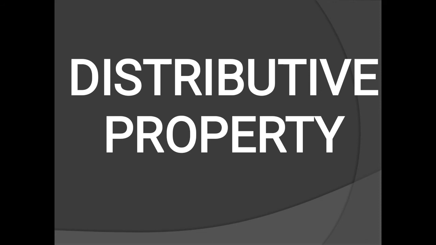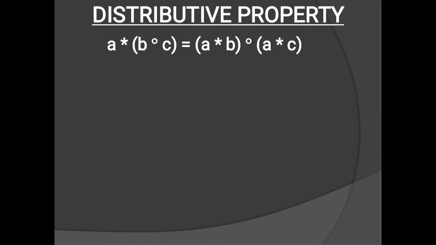It's very simple. Now you can see A, B, and C are the variables. Then the operators are star and then this operator here. So it has 3 variables and 2 different operators.